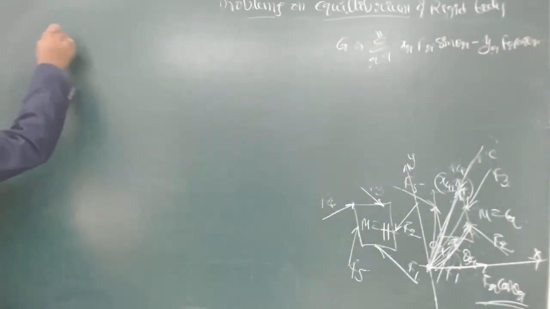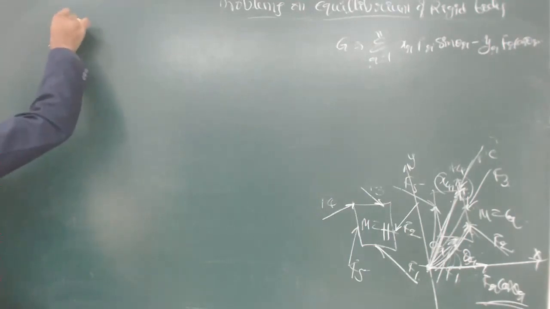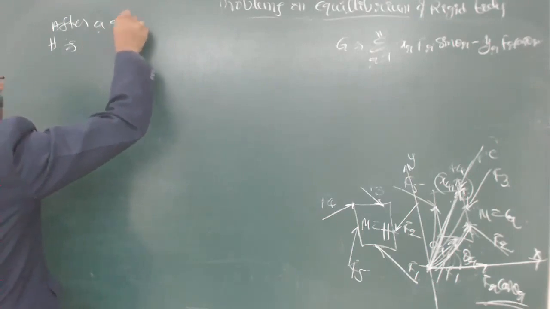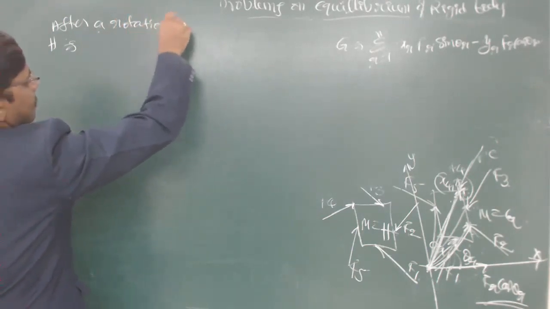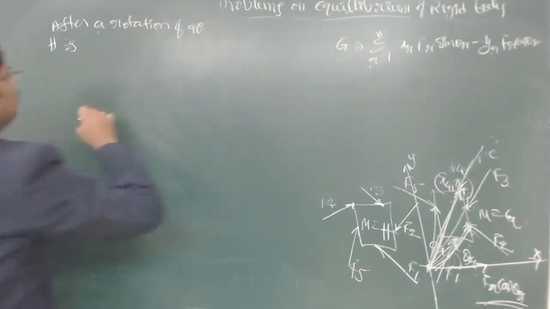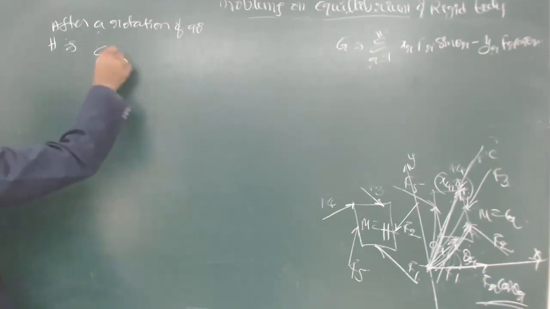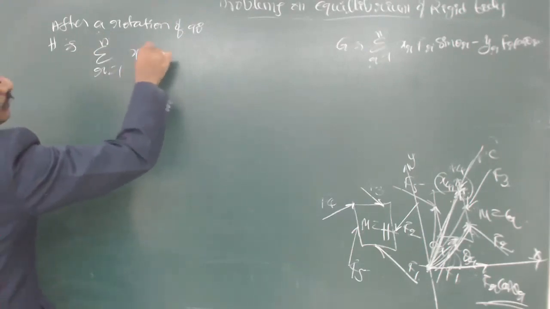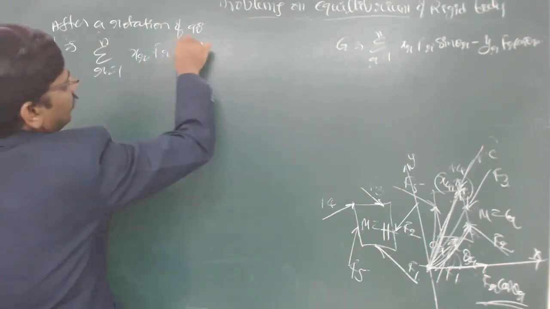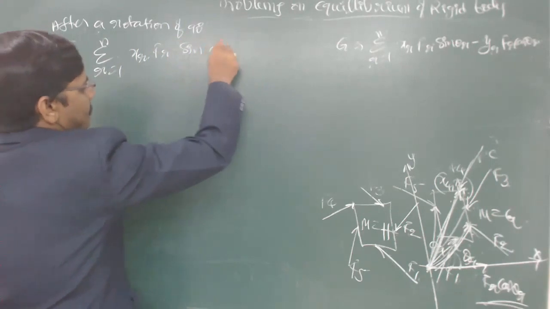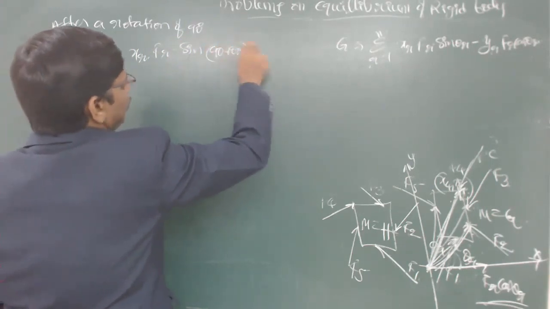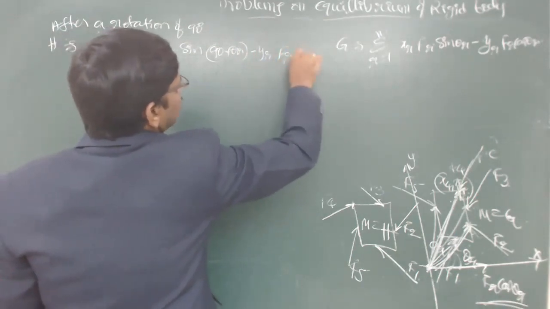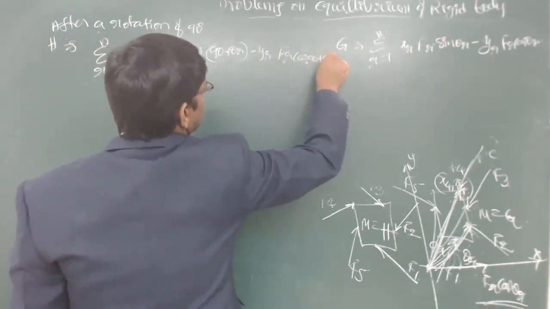So h is nothing but, after a rotation of 90 degrees, sigma r equal to 1 to n, xr into fr sin of 90 plus theta r minus yr into fr into cos of 90 plus theta r.